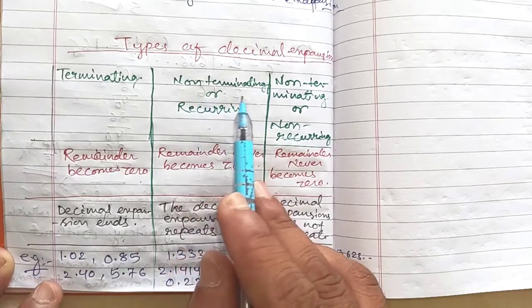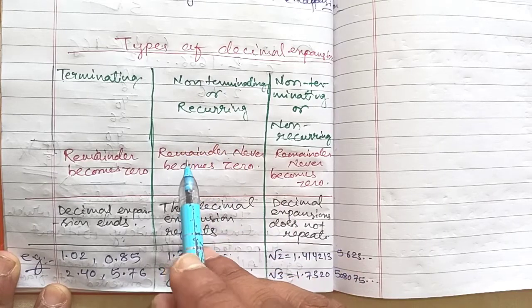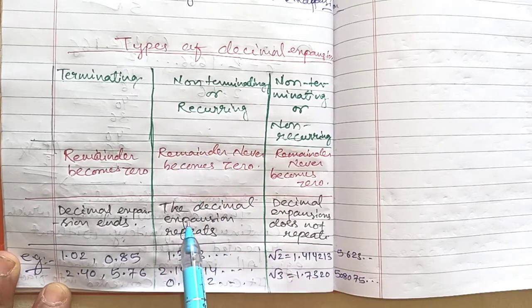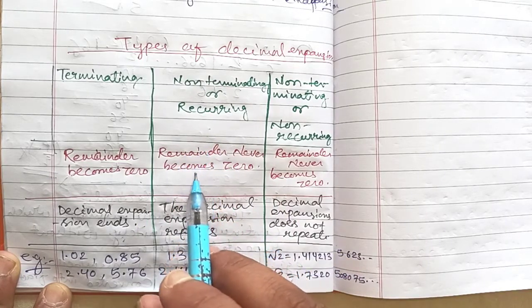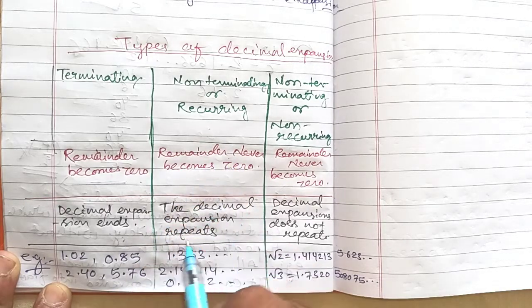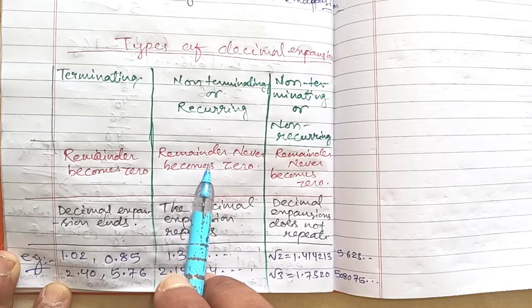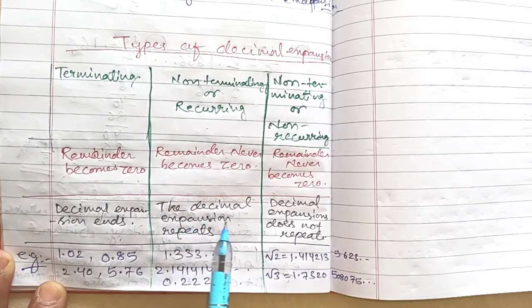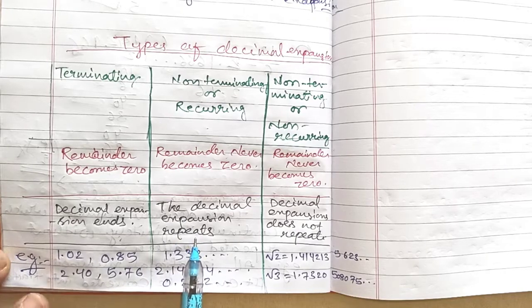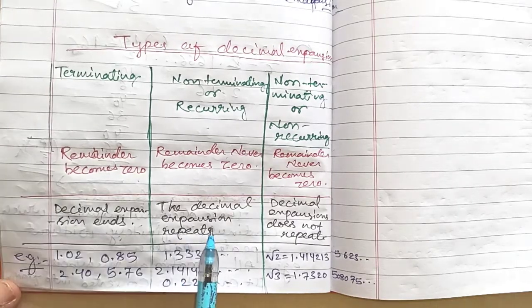Okay, non-terminating recurring. Non-terminating means the remainder never becomes 0. When you divide such a number, the expansion will be endless. The remainder will never become 0. The expansion is endless, and these expansions repeat. When we get the quotient, the expansion always repeats.